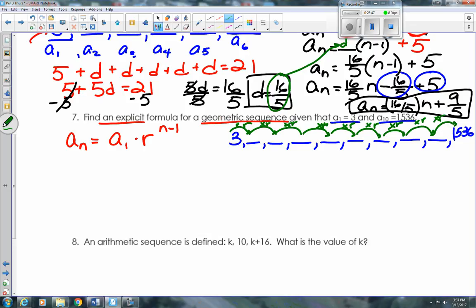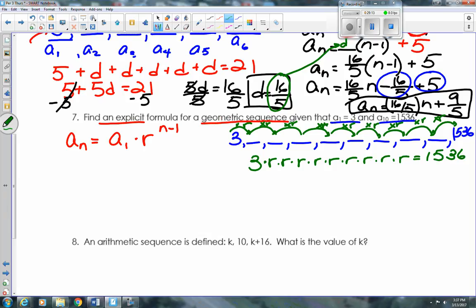So if I take 3 and I multiply it by R times R, let's see, there's 1, 2, 3, 4, 5, 6, 7, 8, 9 times that we're multiplying by R.